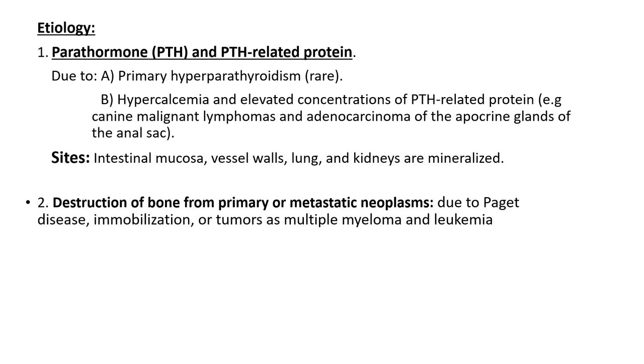What is the etiology? First is parathormone and PTH related protein disturbances, like primary hyperparathyroidism, for example, or hypercalcemia and elevated PTHrP, and this happens in canine malignant lymphoma and adenocarcinoma of apocrine gland of anal sac.